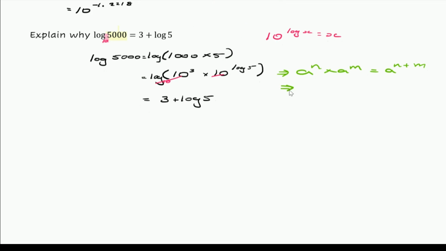So in between here, if I did show an additional step before I cancel these out, I would have had log of 10 to the power of 3 plus log 5 using this rule, and that's how I got this final 3 plus log 5. And as you can see here, this answer has proven that my left-hand side is in fact equal to my right-hand side. So that's just one example of how I can show that these two are the same as each other.